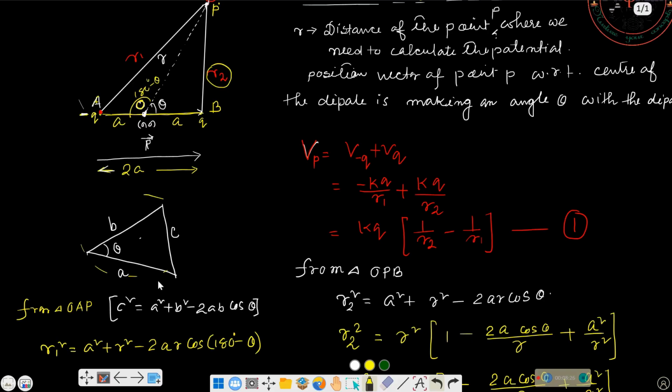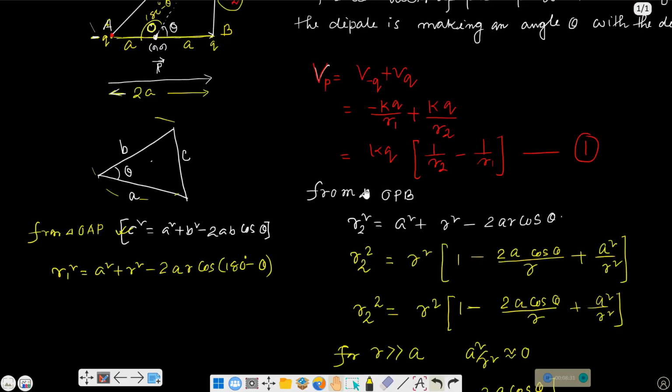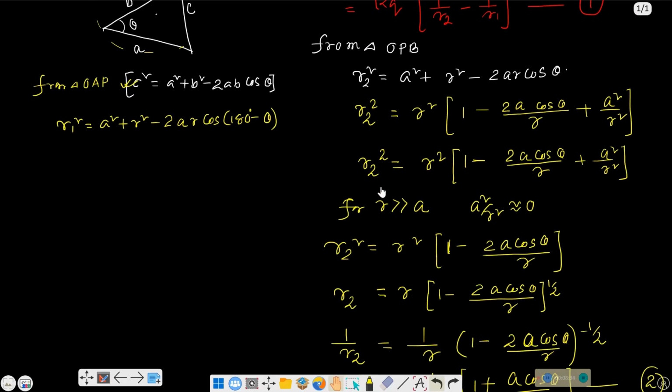Using the same formula, we get r1 square equal to a square plus r square plus twice ar cos theta, because cos of 180 minus theta is equal to minus cos theta, right?